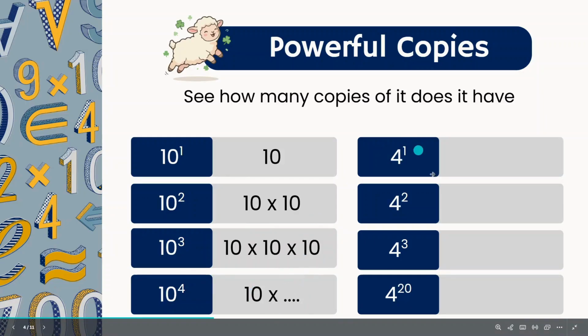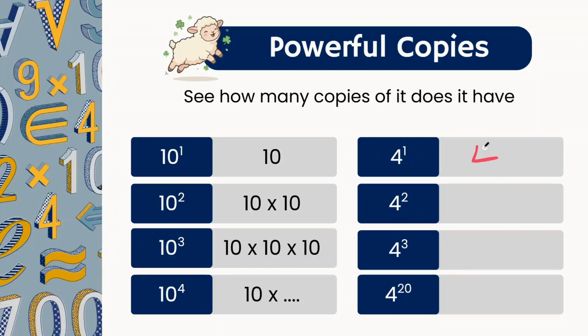Let's try this one. How do we do this? Very simple, right? 4 to the power of 1 is only one 4. 4 to the power of 2 is two 4s, 4 times 4. How about 4 to the power of 3? 4 times 4 times 4.